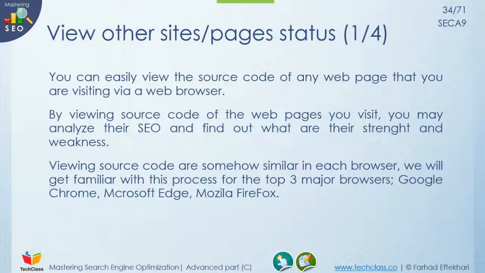So you can easily, with browsers, see and read the HTML code of those pages and websites, especially popular and famous websites and brands. You can see how they create these concepts on their behalf. So it's really nice, and we're going to have this example of major browsers to see how you can get access to their pages' code.